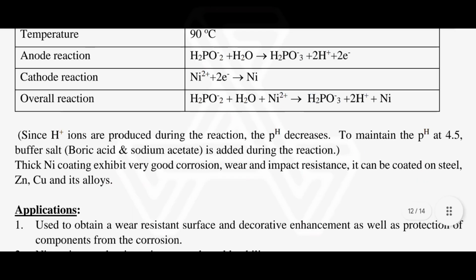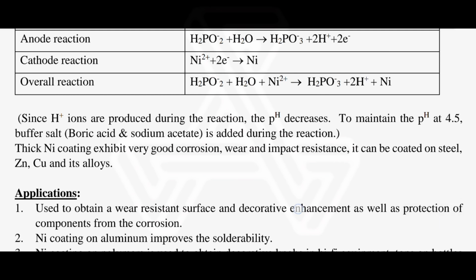Overall reaction: H2PO2- + H2O + Ni2+ gives H2PO3- + 2H+ + Ni. Since H+ ions are produced during the reaction, the pH decreases. To maintain the pH at 4.5, the buffer salts, boric acid and sodium acetate, are added during the reaction.